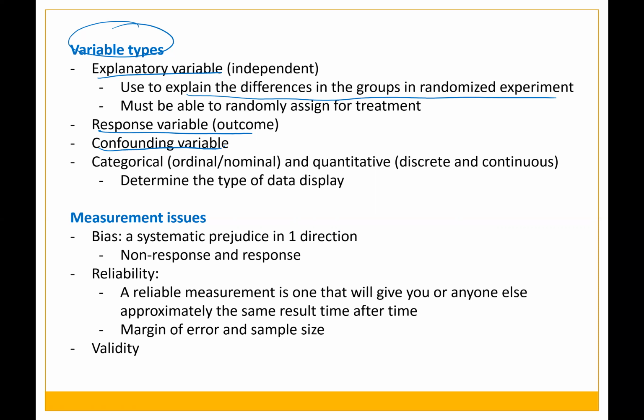We also have different types of variables based on their values and categories, called categorical variable and quantitative variable. Categorical is kind of self-explanatory: you can only answer it as a category, like yes or no. But quantitative is where you answer it with a number.